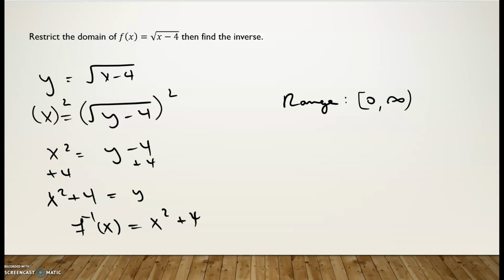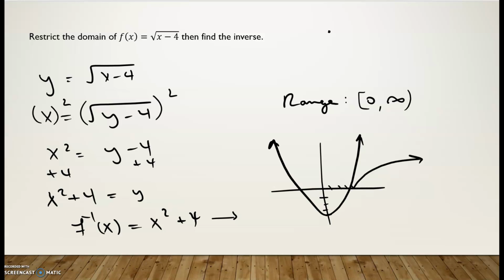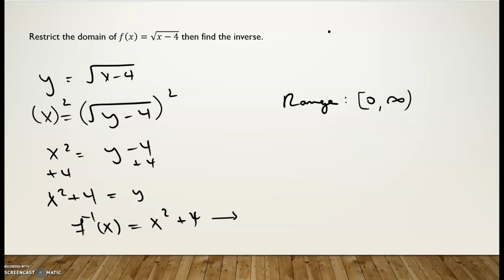Okay, now we know that this right here is a parabola that is scooted down 1, 2, 3, 4 units. Now that is not going to be the inverse of the square root of x minus 4. So what we need to do is take the range of the original function and make it the domain of the inverse function.